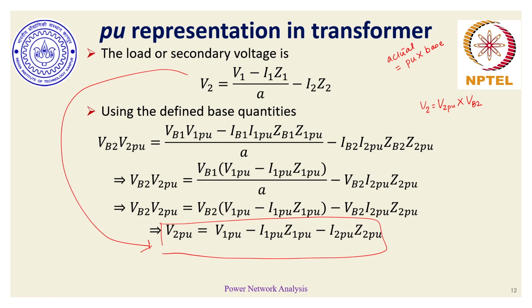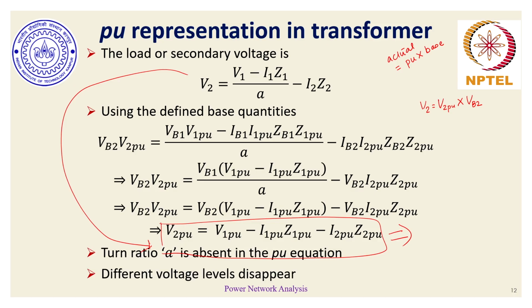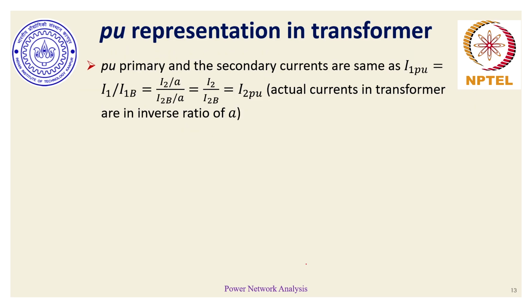And it appears as if it is a single element having two series currents, I1 PU and I2 PU, with a common voltage level appearing across it. That's the beauty of per unit voltage. That's how the turn ratio of transformers doesn't appear in analysis while using per unit equation. Turn ratio is completely absent, different voltage levels, they completely disappear.